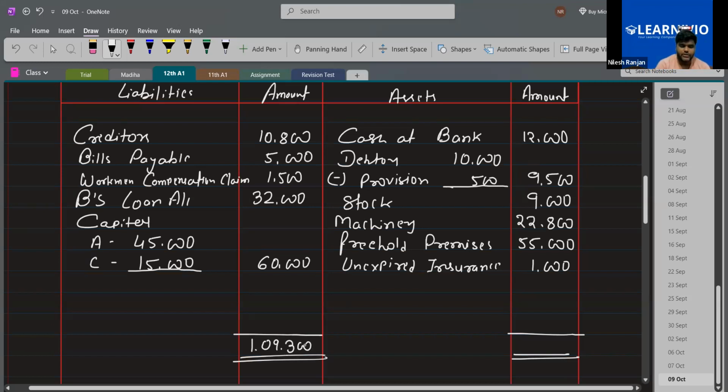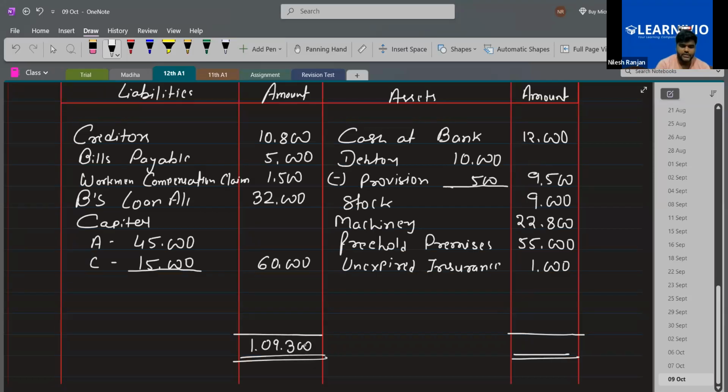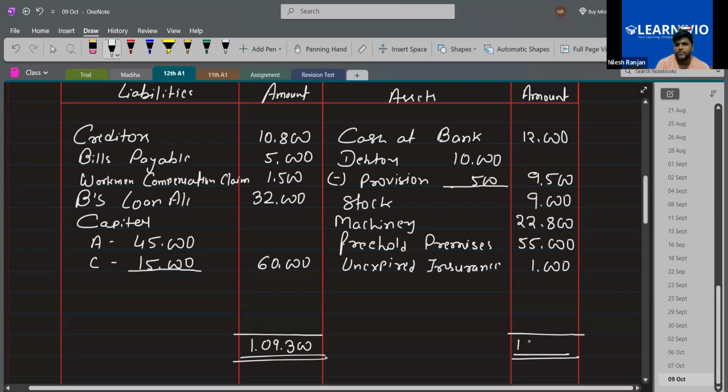After that, there is 12,000 plus 9,500 plus 9,000 plus 22,800 plus 55,000 plus 1,000. So 1,09,300. Now, I will explain this solution one more time so that you will understand.